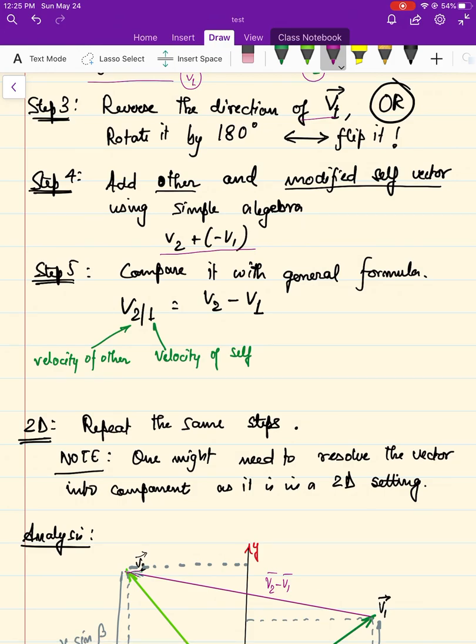Now most of you might have read about the relative velocity formula given in standard textbooks, and it is written as v21 is v2 minus v1. I'll just change my color for the time being. So v21 is v2 minus v1. As you can see, this is exactly the same as the one that we did in our analysis.